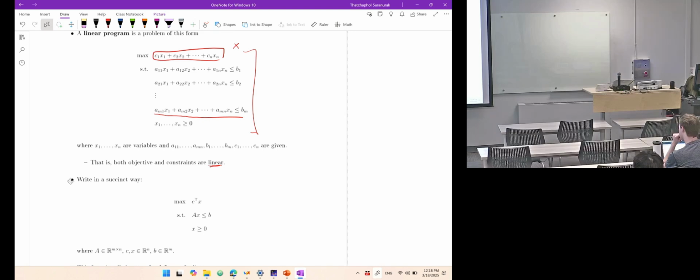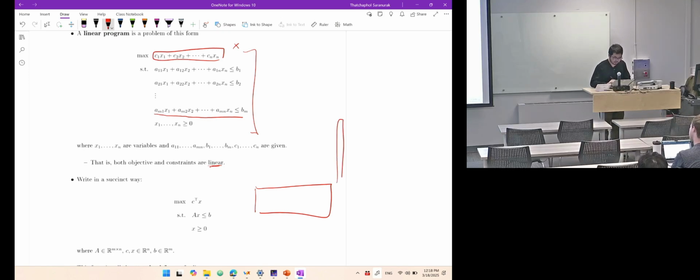And what do you have when you have the matrix A times x? If matrix A is like this and x is n dimension, this is m dimension, and this is n.